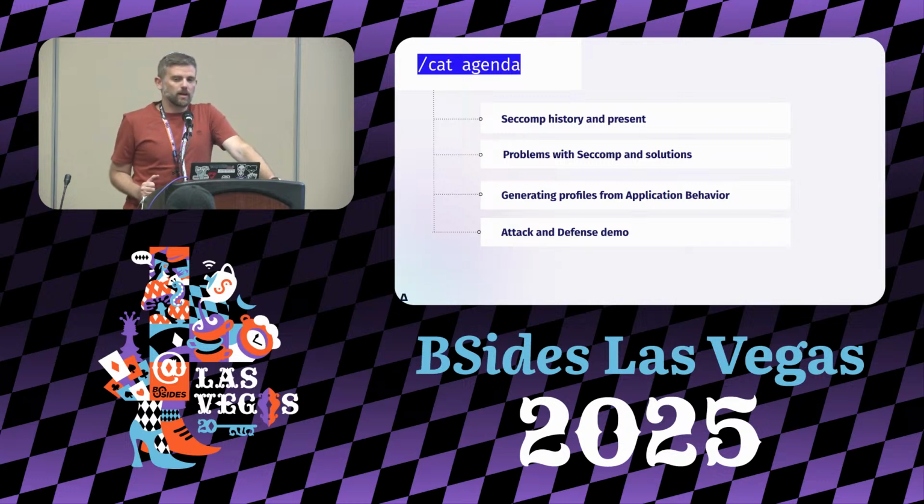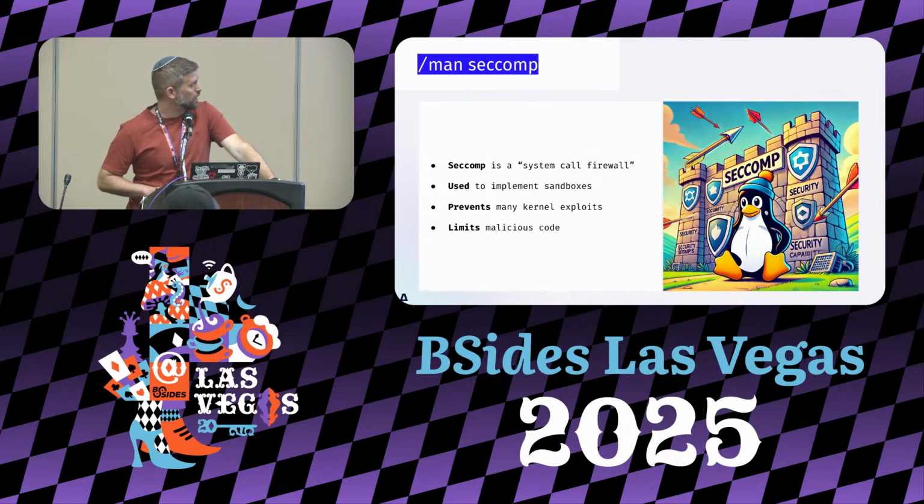Then I'm going to show you a way to make it much more usable using application observability and understanding how applications behave, and then applying the right profiles for the given application. And I'm going to do a demo. I've come with a real exploit in a real application to showcase how it works.